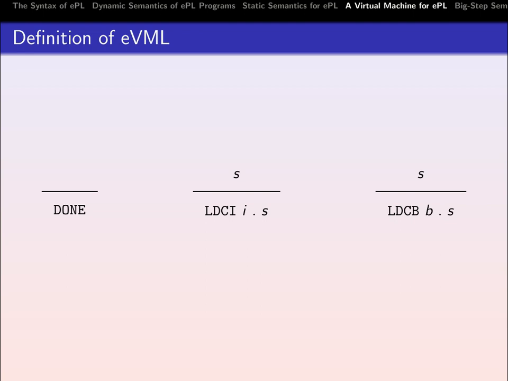LDCB is the same for booleans, right? The small b is going to be a boolean, and we're loading constant boolean by pushing it into the stack. So if we execute in sequence LDCI 1 and then LDCB true, our stack is going to contain in order true then 1, right? It's last in, first out.